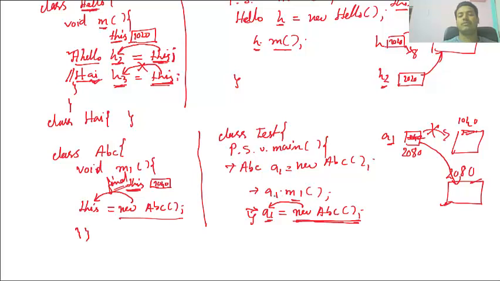Now here you are calling a1.m1 the first time. Then the m1 method is loaded, inside that the this keyword came, and the this keyword started pointing to the same object where a1 was pointing. So it was pointing to this object. Now when you say this is equal to new ABC, it means you are creating a new object, and the new object's address you are assigning to the this keyword.